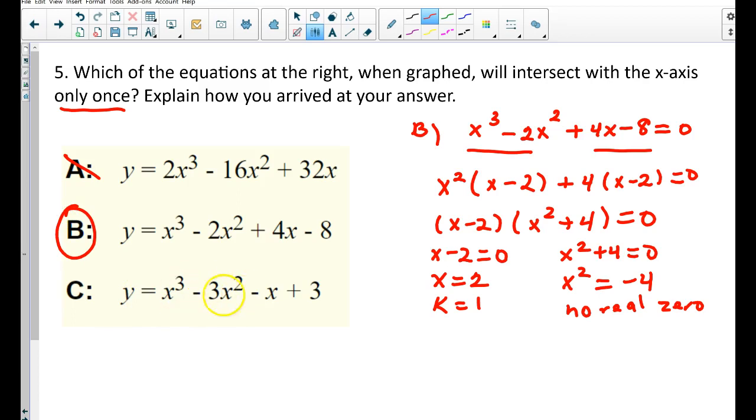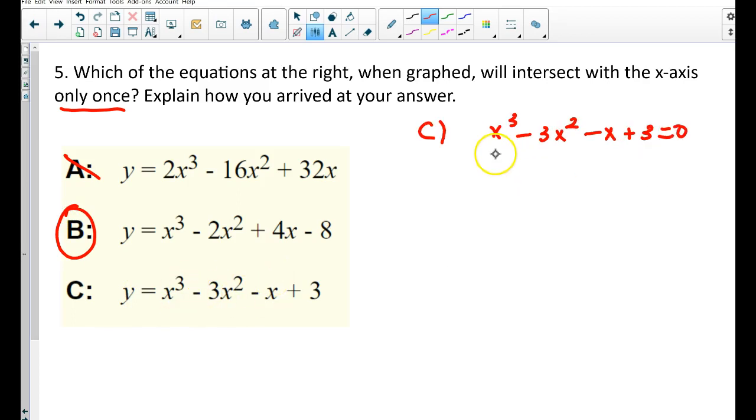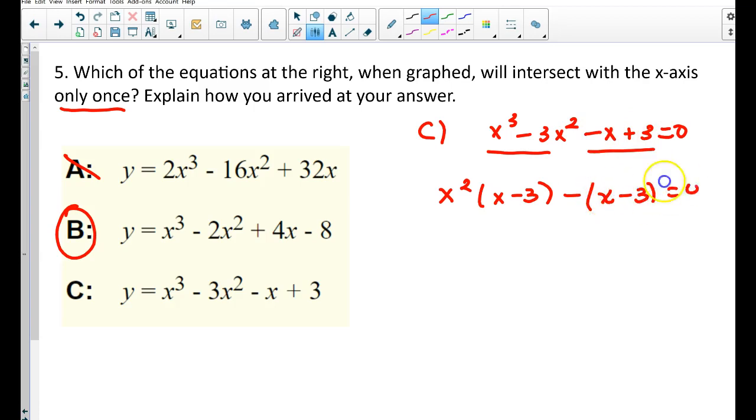But let's examine the third one anyhow, just to see what it looks like. So here's the third equation, and again I have 4 terms, so most likely it's grouping. Here I'm going to factor out a negative 1. Remember, for that second term, you don't want to have a negative in front of it. Notice that both parentheses now contain the same thing.